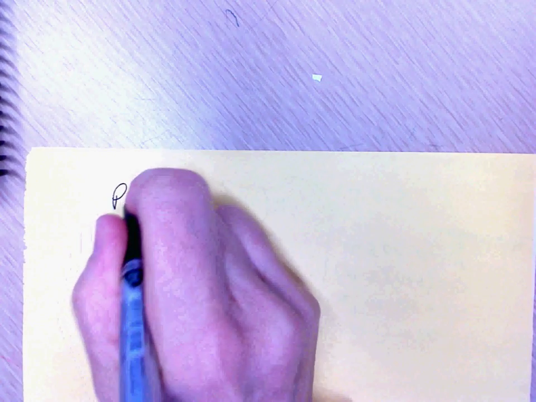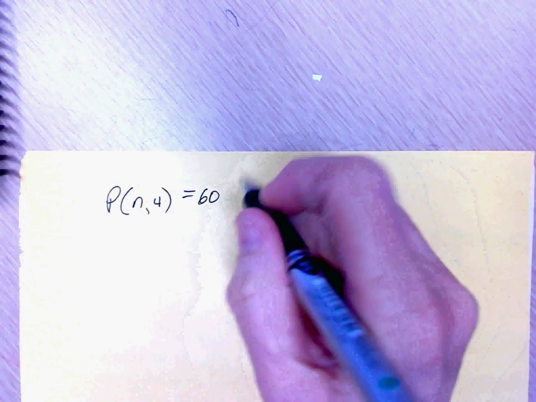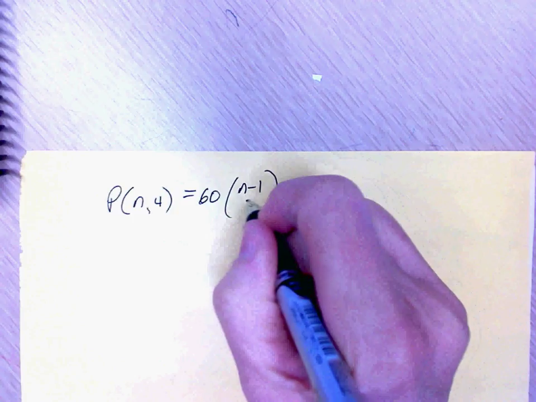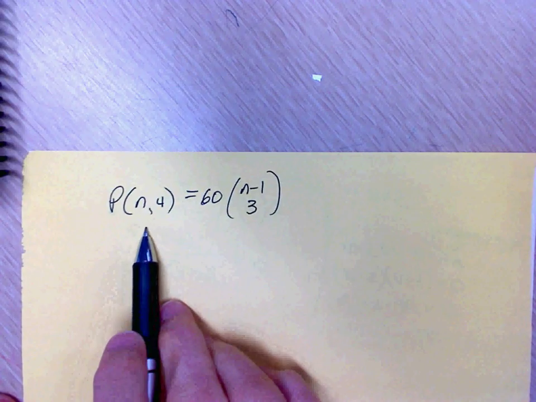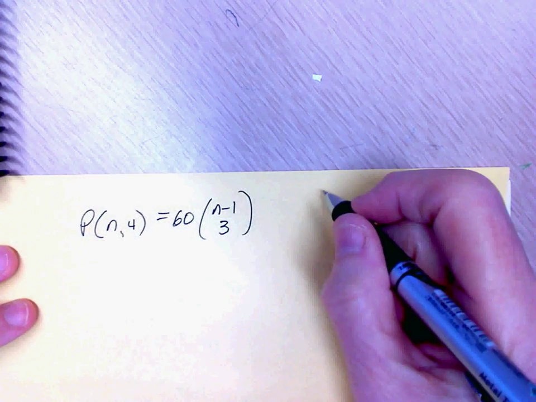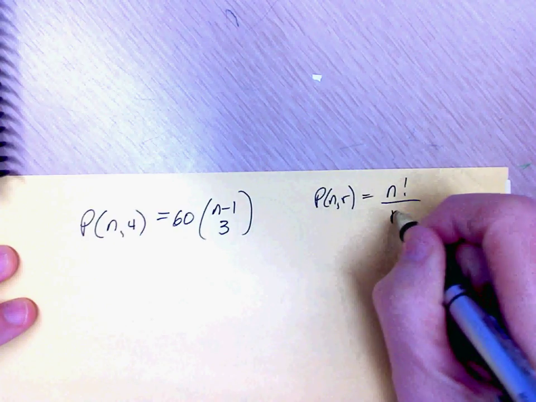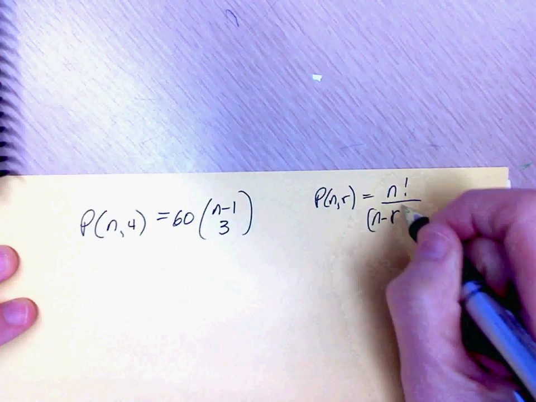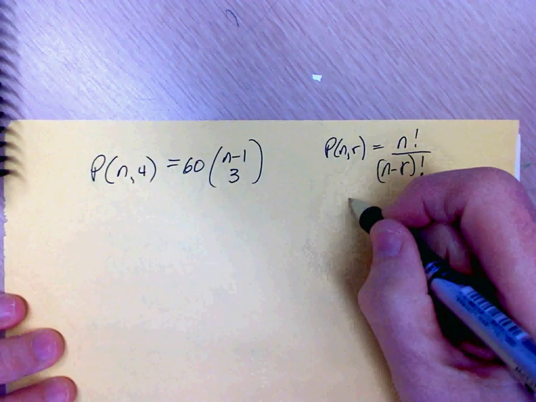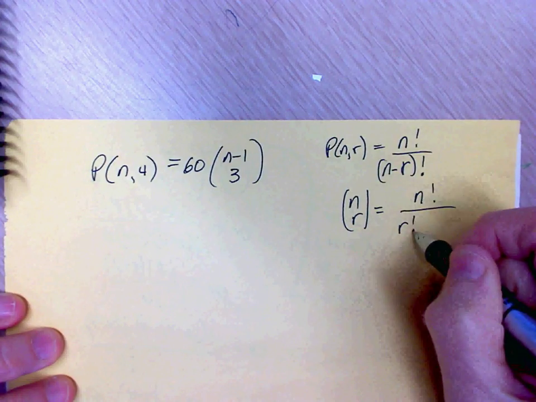19D, we're solving for n, where n is a natural number, okay? P n comma 4 equals 60, n minus 1, choose 3. So now we have one equation with the permutation as well as with the combination. So just remember, P n comma r equals n factorial over n minus r factorial, and n choose r equals n factorial over r factorial n minus r factorial.